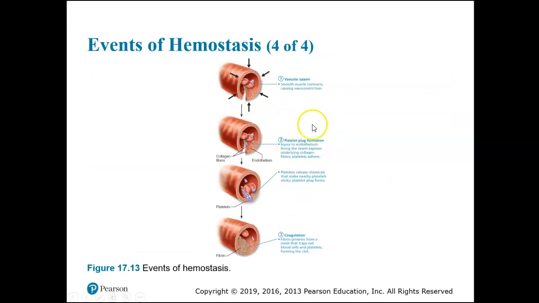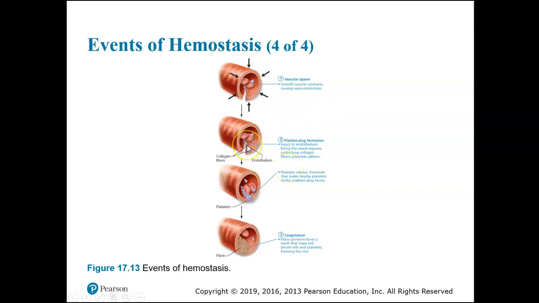This is your illustration that shows you the events of hemostasis or the stopping of bleeding. Step 1, you have the vascular spasm, which occurs in the smooth muscle lining of the blood vessel, causing the blood vessel to constrict, or vasoconstriction. Then you have step 2, platelet plug formation.